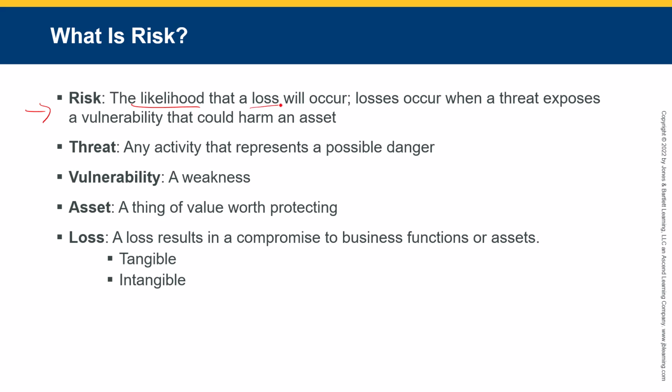So we could also word that as the likelihood that a loss will occur. And that normally happens when a threat exposes a vulnerability that could harm an asset. So you're going to notice threat, vulnerability, asset, loss. So we have to define these key terms.